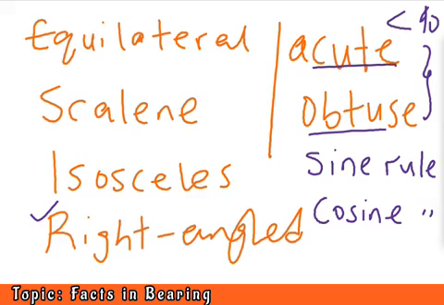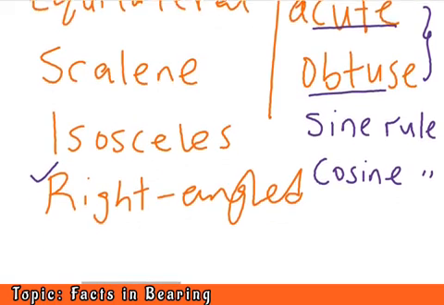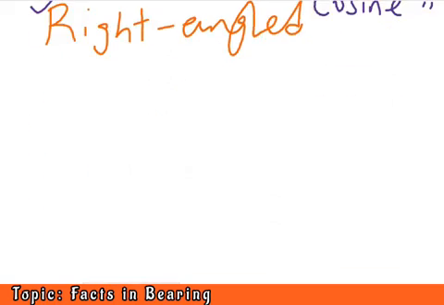Okay, now we move on to what actually the sine rule and cosine rule are. So we have to know how to make use of these two rules and when to actually make use of them. Now some students may be wondering, when do I use the cosine rule? How do I know that it's the cosine rule I'm supposed to use now, or the sine rule? Here is the answer to that question.